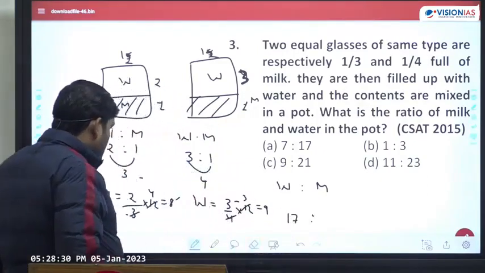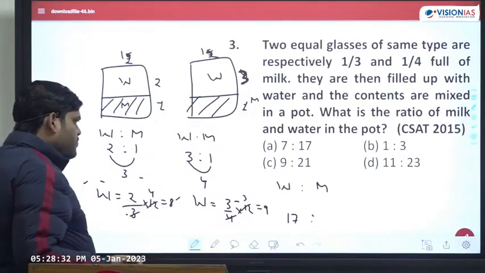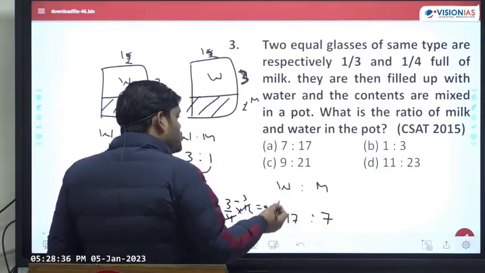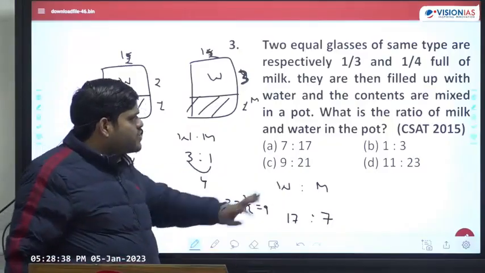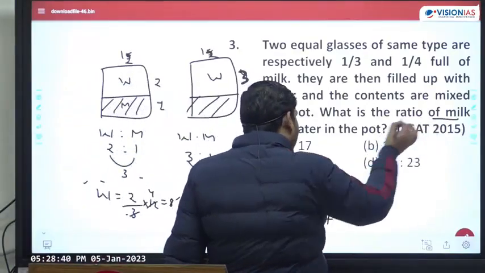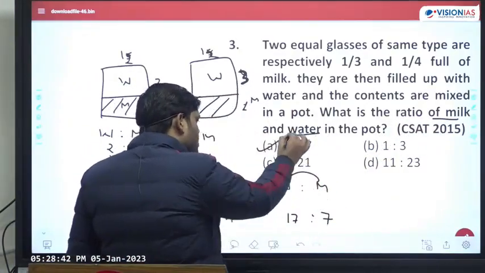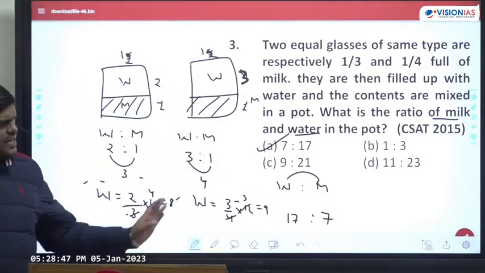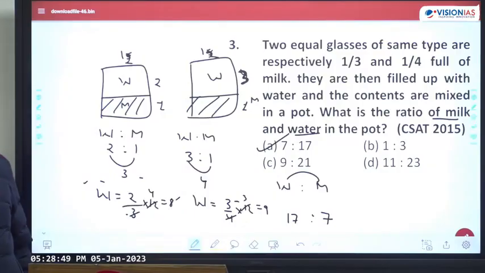And the milk will be 12, 12, 24. So 17 and 7. This is the ratio of water and milk. What is the question? The question is milk ratio water. So milk to water will be 7:17. So we can simply answer. There was some calculation mistake there.